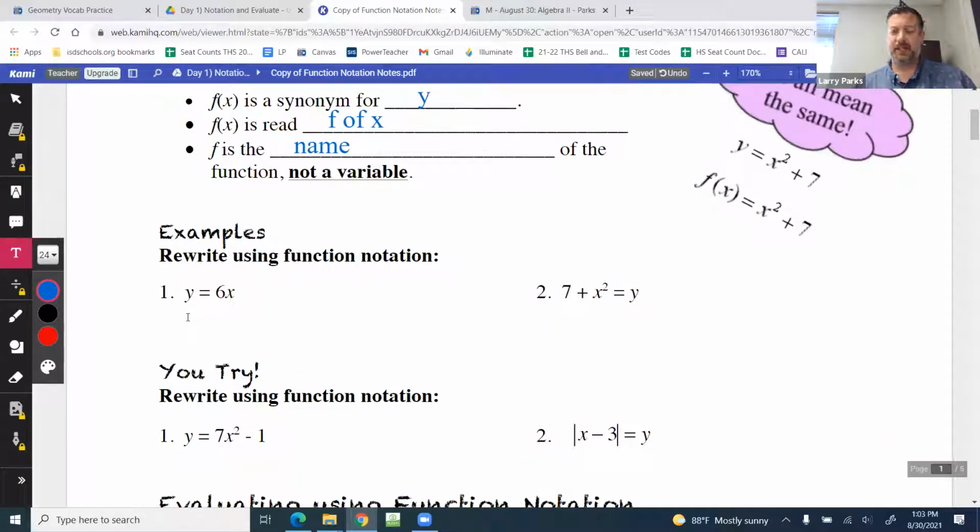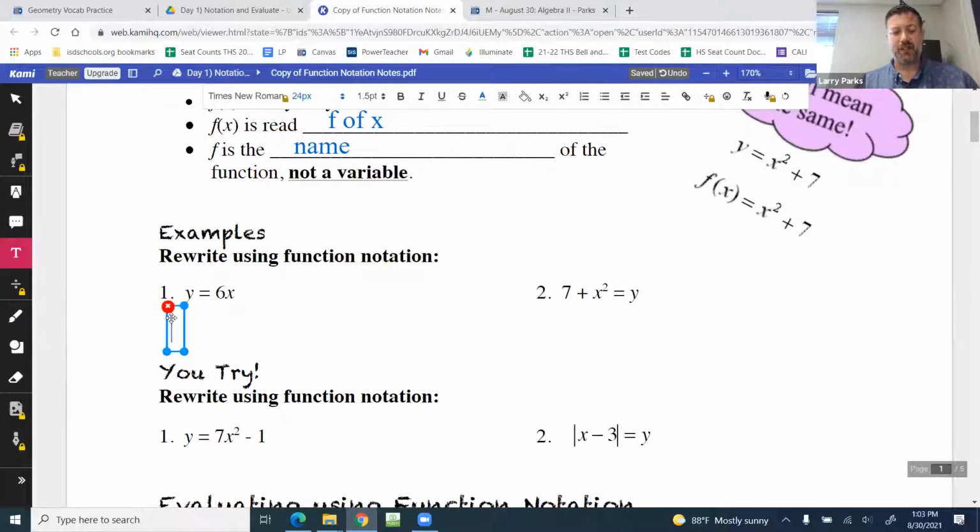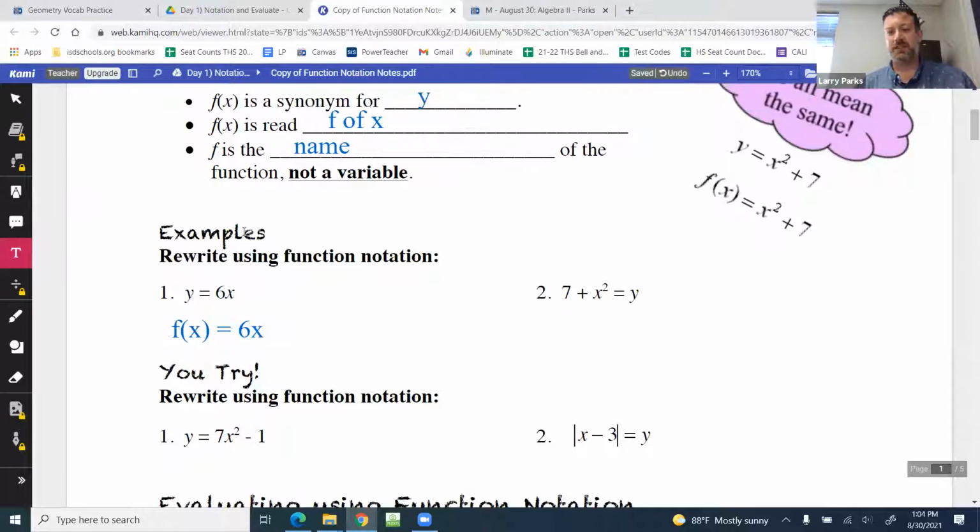And instead of using y equals, we're going to use f of x. So if I rewrite this using function notation, you would just say f of x is 6x. Okay, and that's all. And then anytime you see f of x, if that's confusing to you, you could change f of x back into a y.